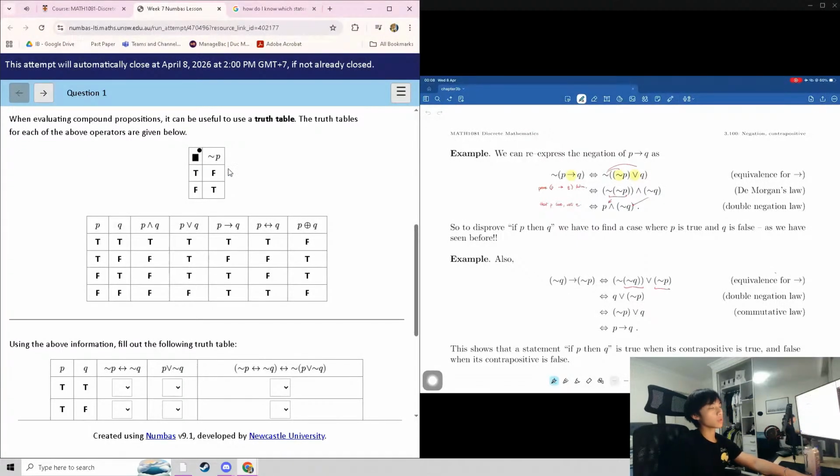Not P: if P is false, then not P is true. If P is true and Q is true, then P and Q is true. If P is true and Q is false, then P and Q is false because we need both to be true.